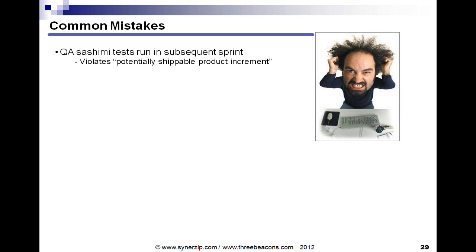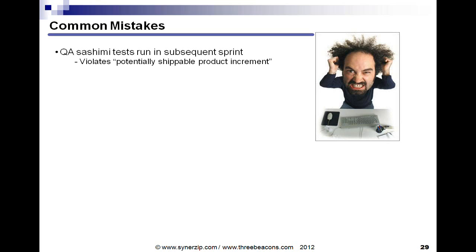Now, let's wrap up with at least 5 or 6 common mistakes that I've seen over the years with QA and their role in an Agile team. Well, the first one, the most obvious one, is that the sashimi tests are run in a subsequent sprint. There's a lot wrong with that; it definitely violates the Scrum potentially shippable product increment.